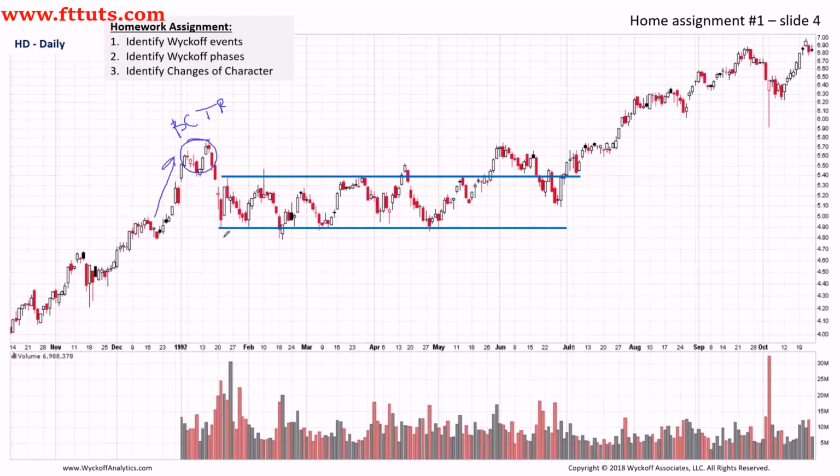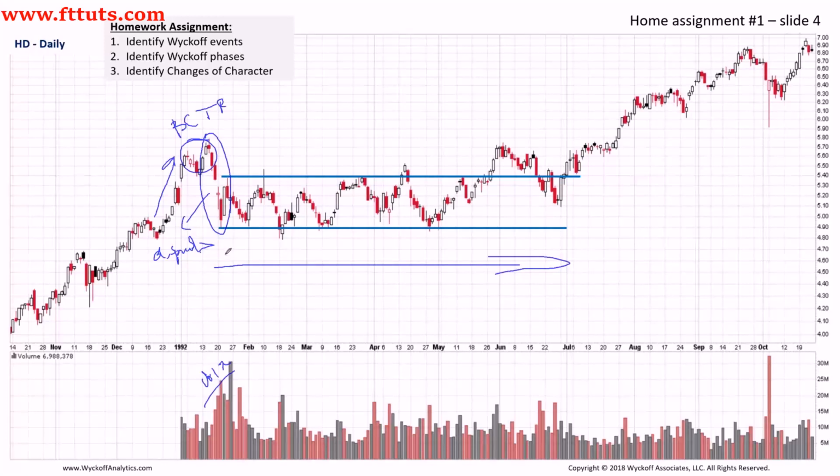And then the first move to the downside, and looking again historically at this picture, I would say that characteristics of this move to the downside with the increasing down spread and increasing volume signature suggest that this is more of the climactic nature.